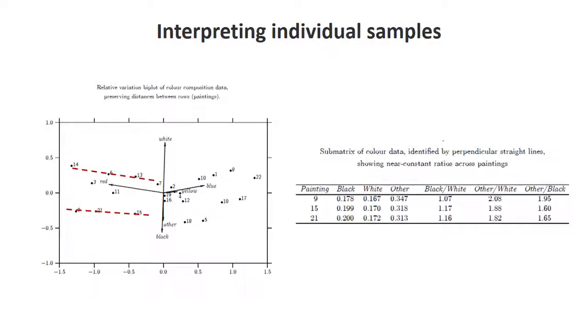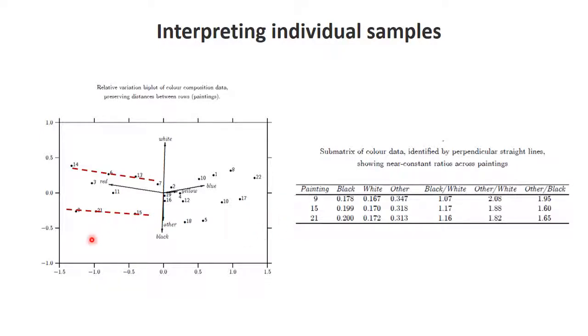Final example has to do with looking at individual samples. In the plot, we notice that, for example, 14, 6, and 13, even 7, are collinear, lying on a line, and certainly with respect to this axis they are orthogonal. Here the same: it is orthogonal with respect to that line. What that means essentially is that data lying on a perpendicular straight line will have near constant ratios across those paintings.